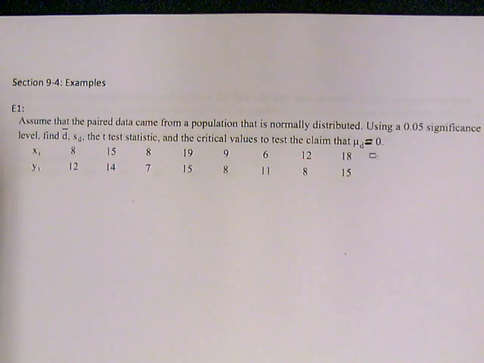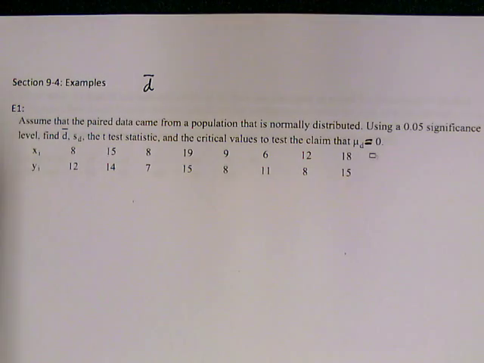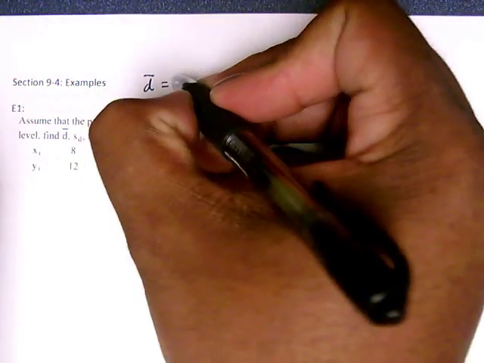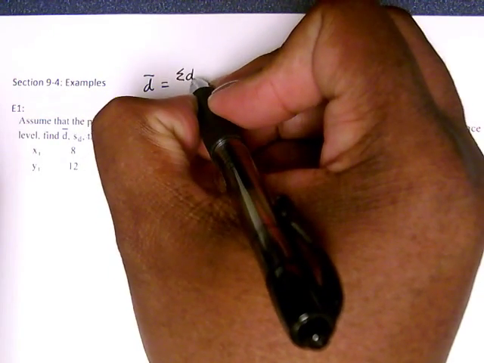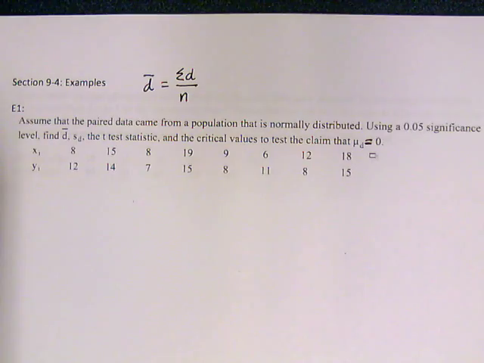Now in this case, first of all I'll have to find out what d and d squared are, because there are a couple of formulas that I'm going to need to use here. d bar is the mean of all your differences in this sample. That's going to be the sum of your d, which is your differences, divided by n. n is the number of paired data.